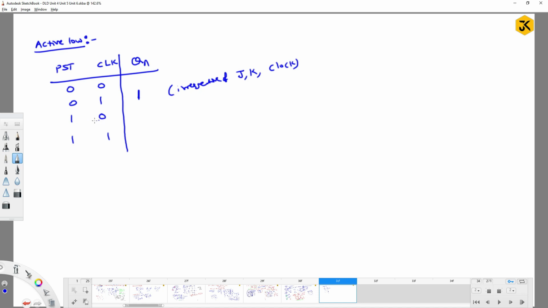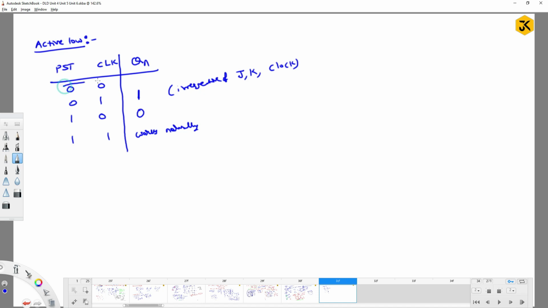Similarly, when you pass PST as 1 and clock as 0, Q1 will be 0, meaning that it will be in the reset state. So clear will be the clear state, right? What about 1 1? In the 1 1 situation, it works normally, right?